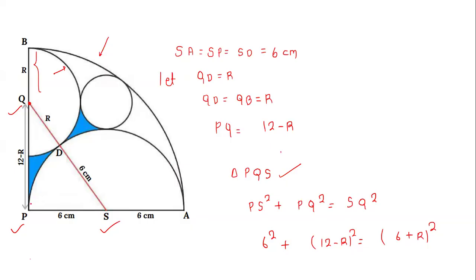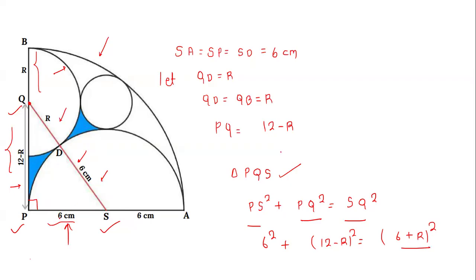We know this is the 90-degree angle, and we can apply the Pythagoras theorem: PS square plus PQ square is equal to SQ square. So this side square plus this side square is equal to this hypotenuse square. This side we know as 6 centimeter and PQ we know as 12 minus R. And SQ will become this R plus this 6, so (6 plus R) whole square.